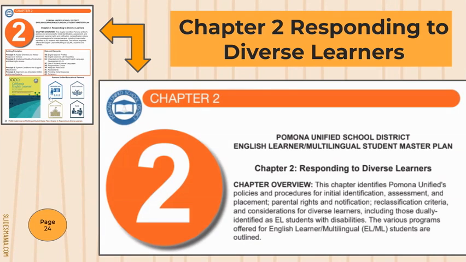And the little flags here tell us which group, which educational partner this master plan is really important to. So you can see in this chapter, certificated staff, teachers, school leadership, principals, assistant principals should know about this chapter. Obviously, our district leadership and family members. So this is a very important chapter for families.